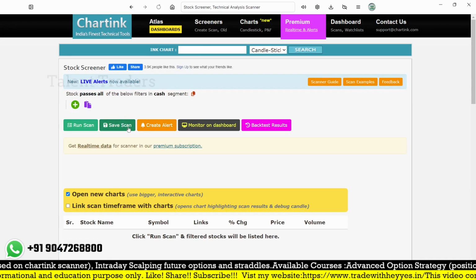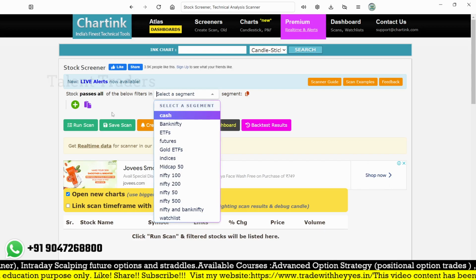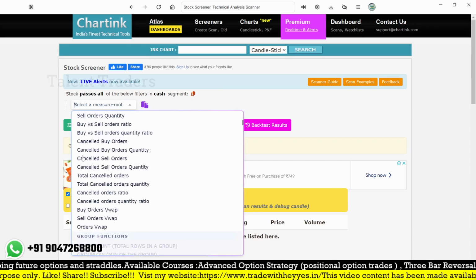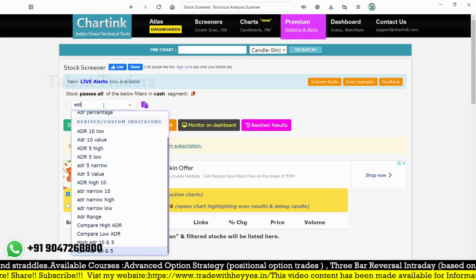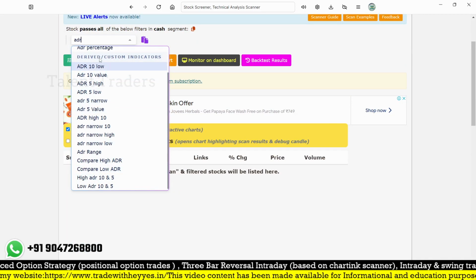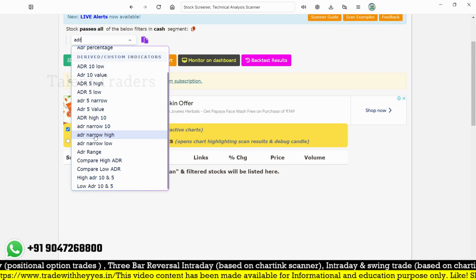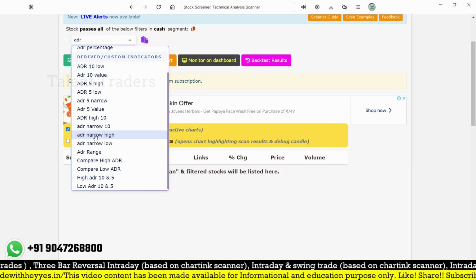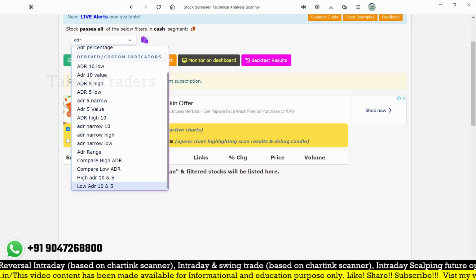Some of the indicators which you have created in a customized way, you can't easily find here. For example ADR, see, this is an ADR indicator which I have created with a lot of things. While using only this customized indicator, we are filtering out the stocks based on the scanner.